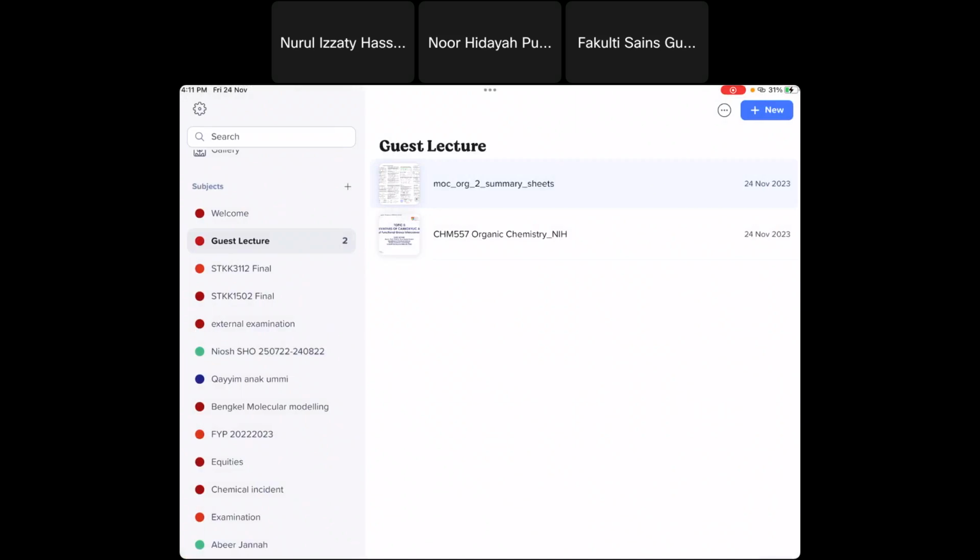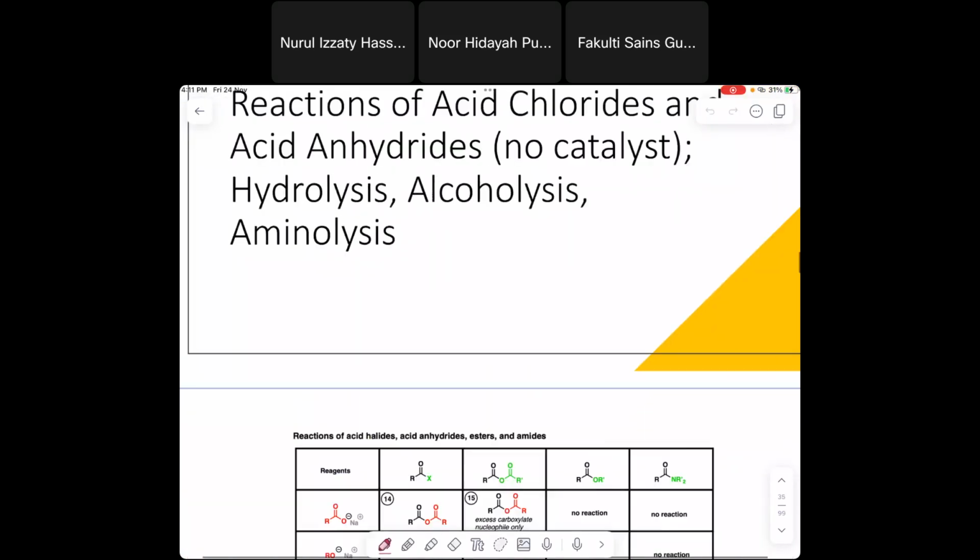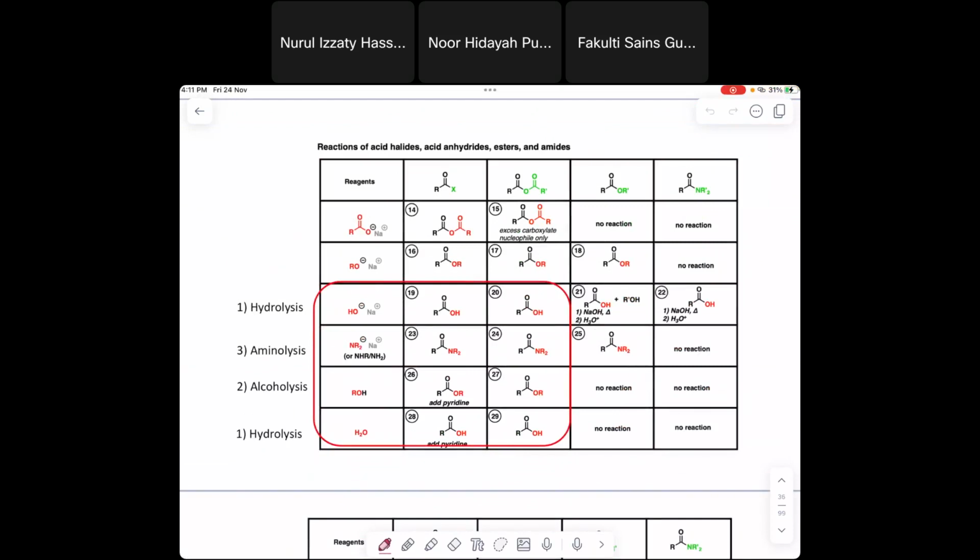Okay, so here, when we talk about hydrolysis, alcoholysis, aminolysis, this one is settled for our revision, because we are talking about acid halide and anhydride, right? For hydrolysis we have two ways: you can just use water, since no catalyst is needed, or you add pyridine, because you give off HCl, so you have to neutralize the HCl with pyridine.